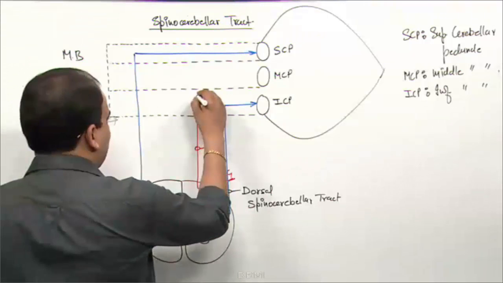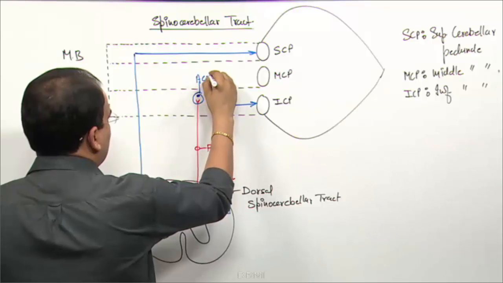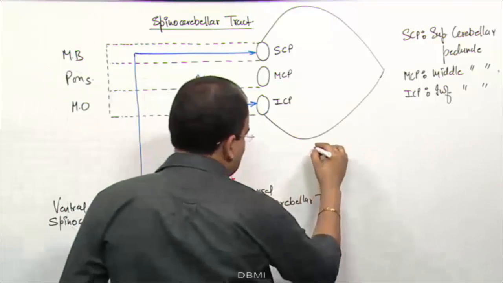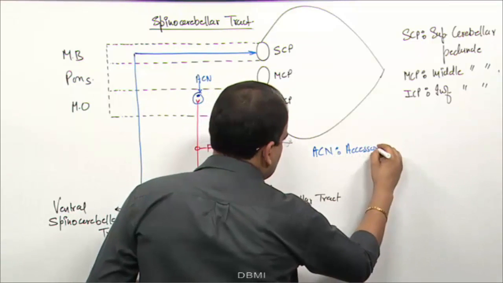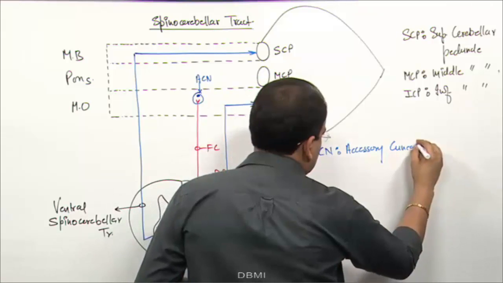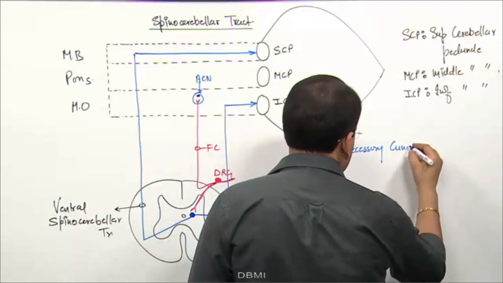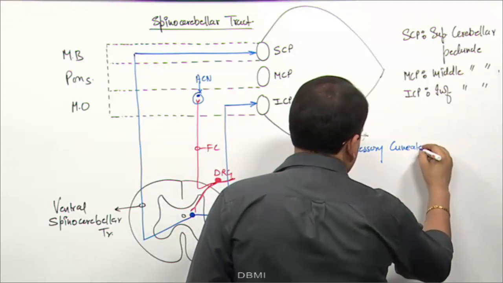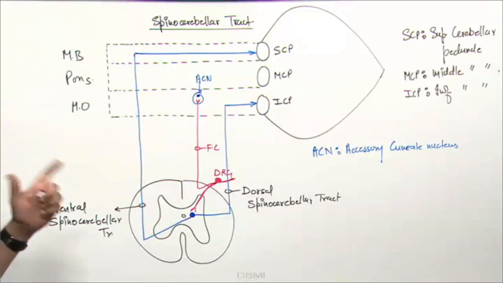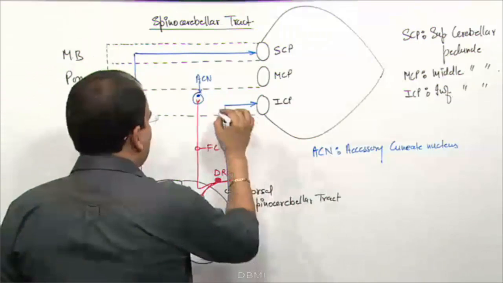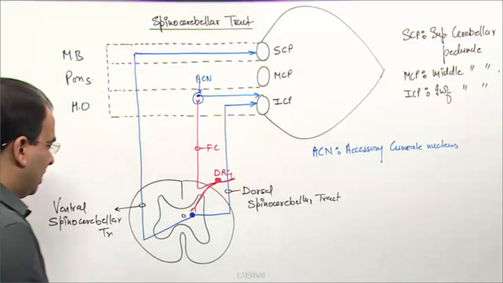There is another nucleus present in the medulla oblongata which is called ACN, the accessory cuneate nucleus. It is present just behind, very close to the nucleus cuneatus. This accessory cuneate nucleus will give the second order neuron which will go through the inferior cerebellar peduncle.